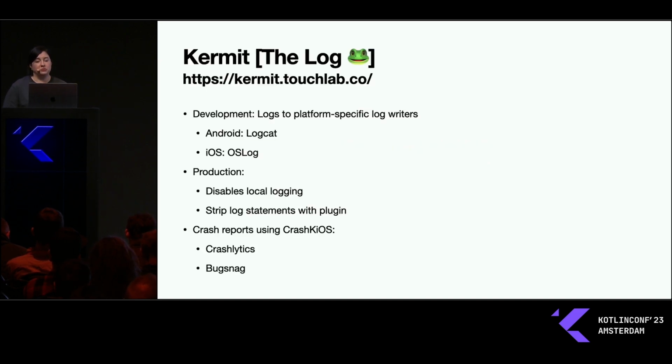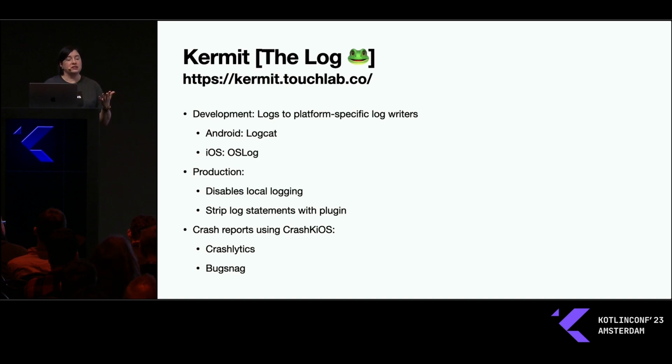But you also do need some logging in your app, and not just to make your crash reports better. So there is a library called Kermit, which is an open source library from the folks at TouchLab. In development, you can just log your normal stuff, and it logs to your platform-specific log writers, like Logcat in Android, and in iOS, it will be OS log.